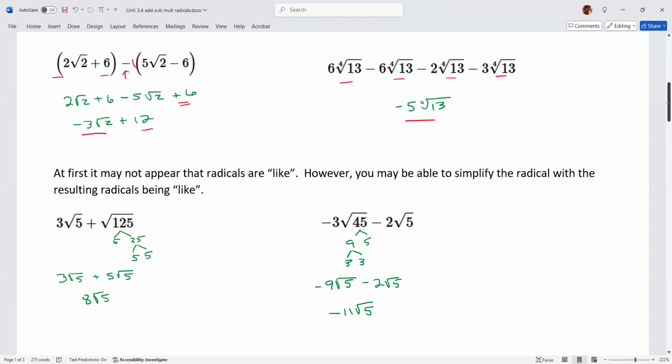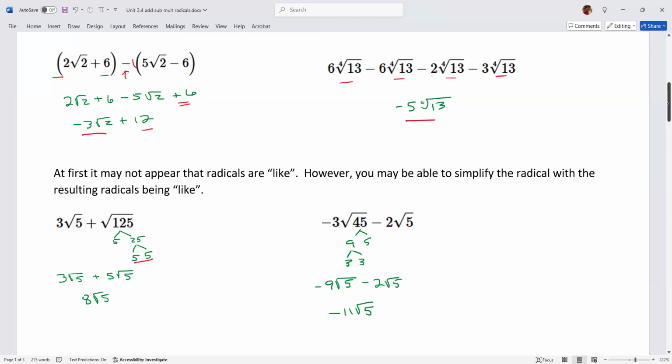Now, what happens if they're not like radicals? Well, if we can simplify the radical, we do that, because we ultimately will likely have like radicals in these problems. So 125, if you use breaking them down into their prime factors using a factor tree, 125 is 5 times 25, and then 25 is 5 times 5.